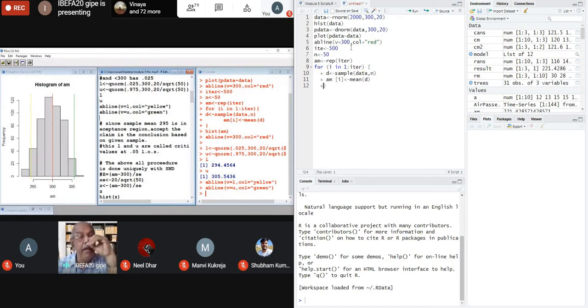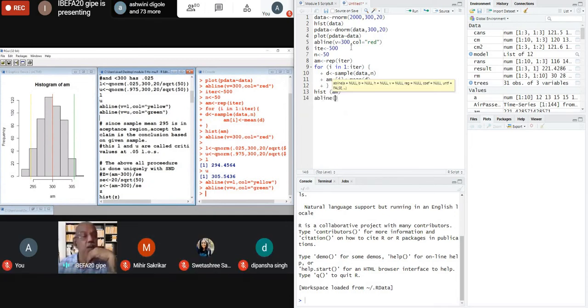How much will be above the green line? 2.5%. Correct. So between the yellow and the green line, how much? 95%. That is called the acceptance area. The others are called the rejection area.